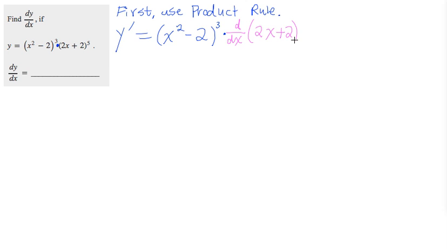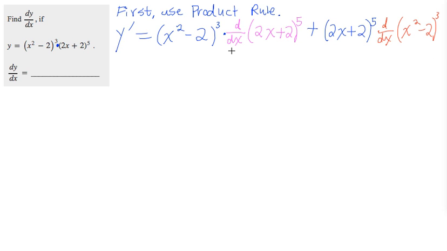And I'm just going to write derivative of for the moment because that particular derivative is going to take a little bit of work. Okay, so that's first factor times the derivative of the second factor plus second factor, which is 2x plus 2 to the fifth, this one in red, times the derivative of the first factor, x squared minus 2 cubed. Okay, so that's straight up product rule.